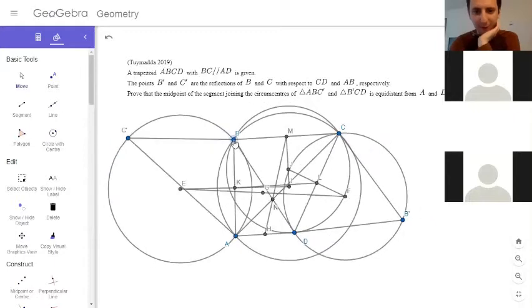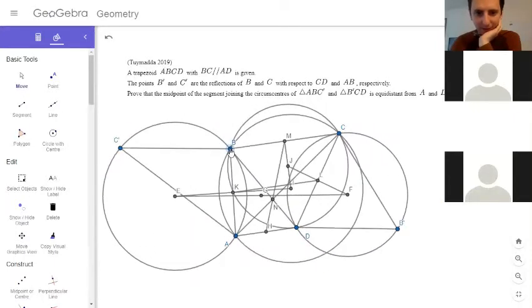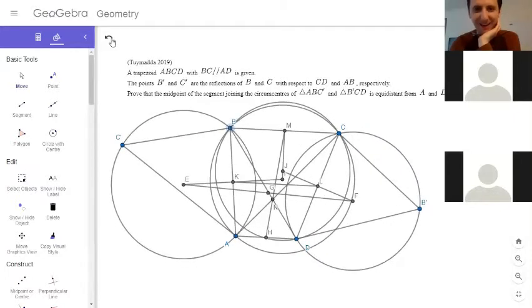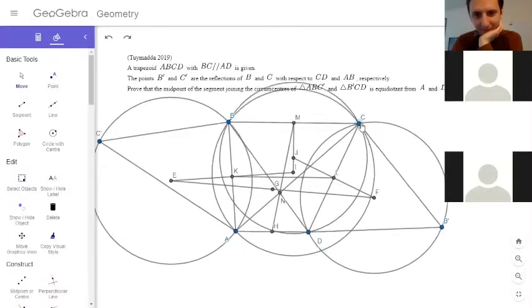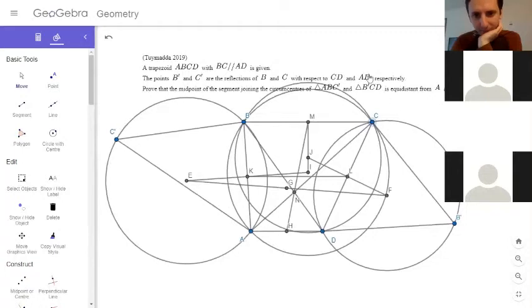On the one hand, I don't want G to look like it lies on BD, and I can do that, but then it looks like B, C, and C prime are collinear. Oh well. Let's see if there's a better way. Maybe that's a little better.